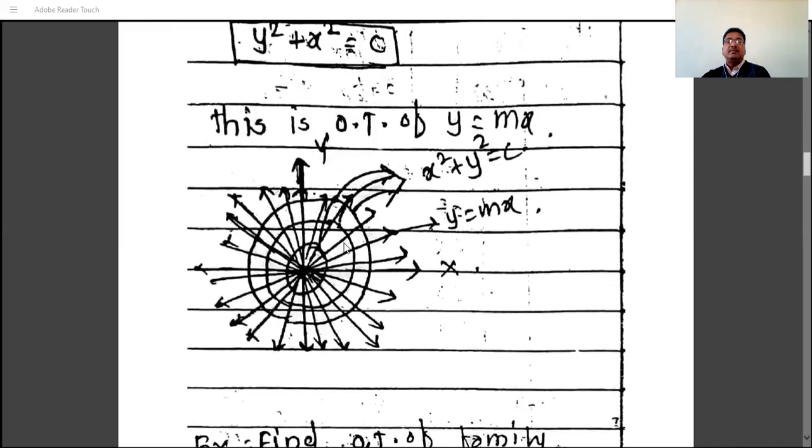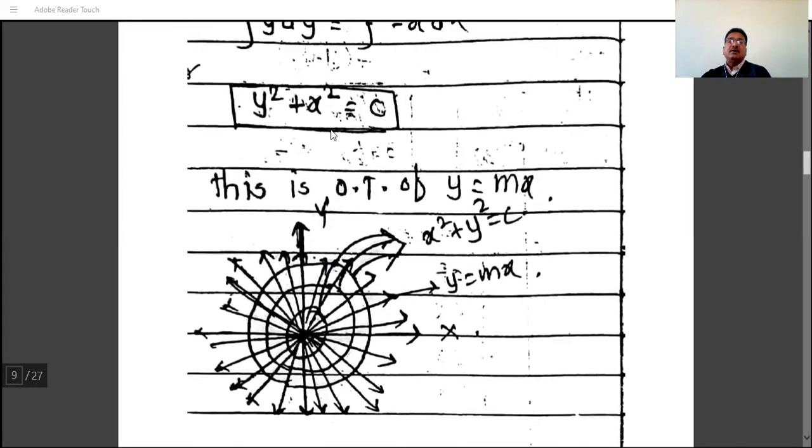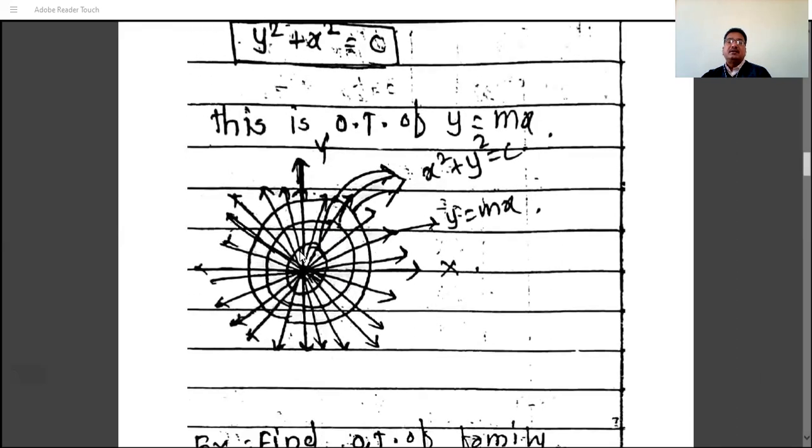If you observe this circle and these straight lines, if you draw the perpendicular to this circle at this point, then it is perpendicular to this straight line y is equal to mx. Every member.